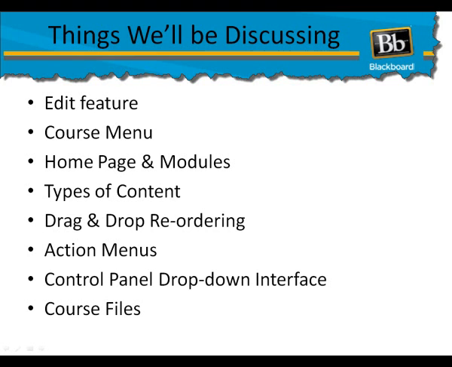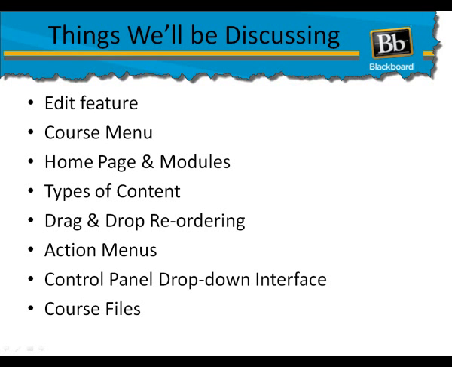Types of content. There are many new types of content that are available for you to choose from to add to your course. The drag and drop reordering. Sorting order of items can now be done by clicking, dragging, and dropping into the desired order. Action menus.